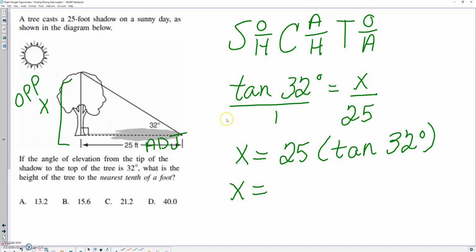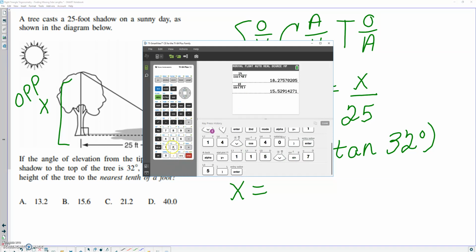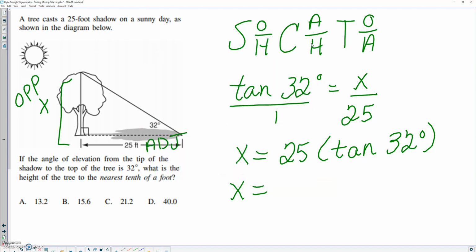Okay, and then again, from there, we're going to put it in our calculator. So this time we have 25 multiplied by tangent of 32 degrees. Okay, so that gives us approximately 15.6. Okay, which in this case is answer choice B.